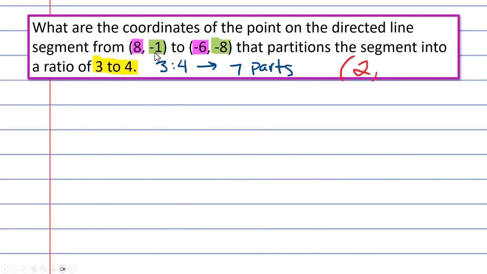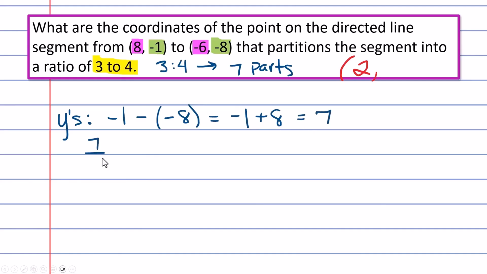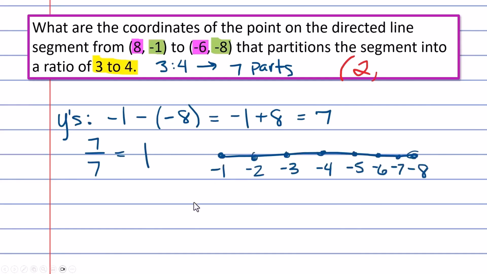The y's are -1 and -8. To find the distance between them, I am going to subtract. -1 minus a -8 would be -1 plus 8. That turns out to be 7. I need to take that 7 and divide it up into 7 parts, which is really easy. That's a 1. Then I make this little helping line for myself. I'm starting at -1 and going to -8.